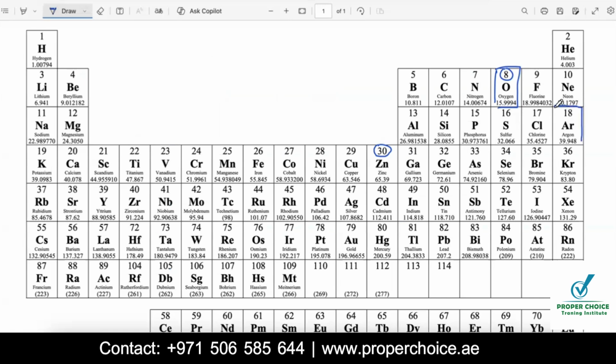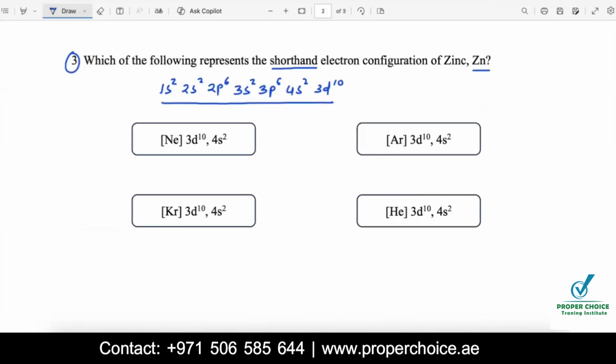Why am I saying so? If you write the electron configuration of argon, you can see that it has a total of 18 electrons. It will be written as 1s2, 2s2, 2p6, 3s2, 3p6. If you count them all, it represents a total of 18 electrons. So you can see that 10 plus 8 is 18.